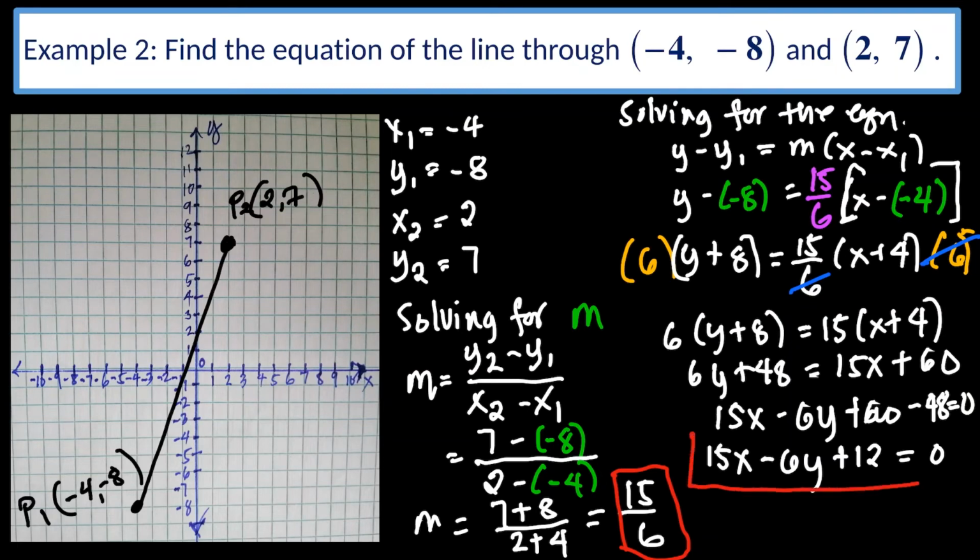This is the general equation of the given line. And so the equation of this line is 15x minus 6y plus 12 equals 0. All right, so I hope you are following.